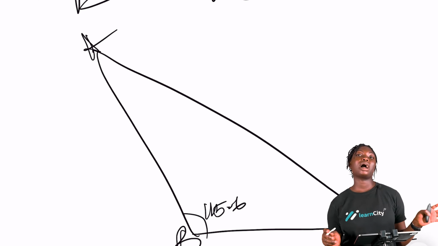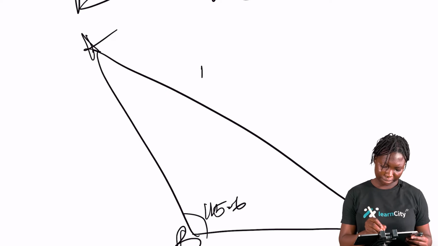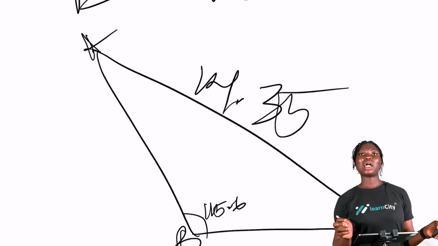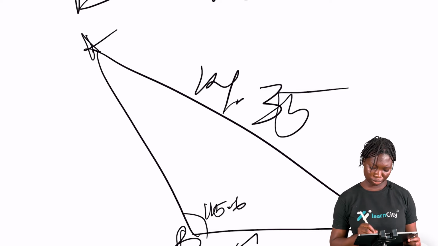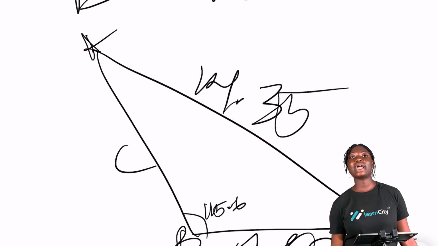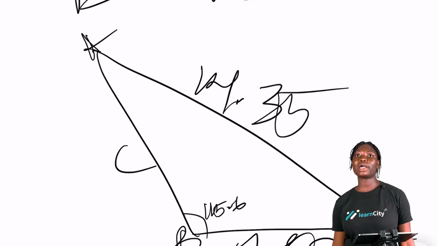We have our line AC to be 14.35, and we have line BC to be 7.82. So our C here is unknown, but we have to look for angles A and C.